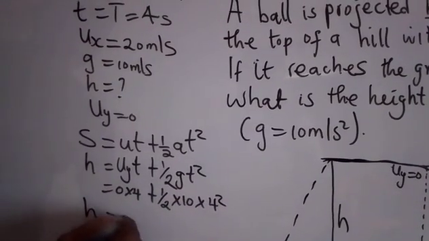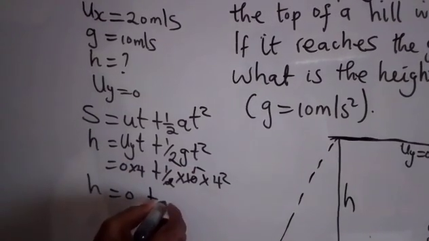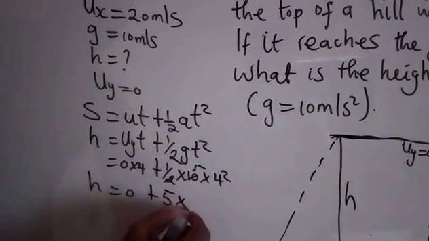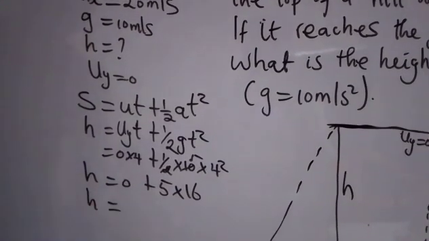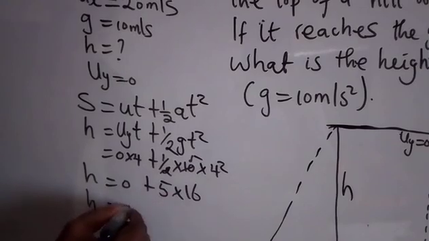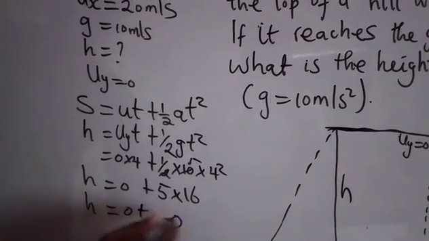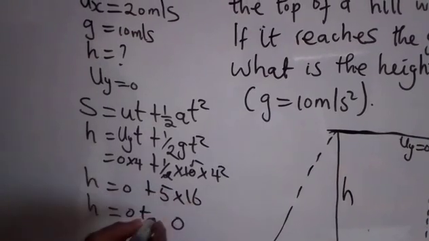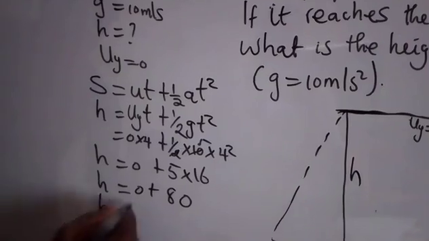So h equals 0 plus half of 10, which is 5, times 16. So h is equal to 0 plus 5 times 16, which is 80. So finally h is 0 plus 80, which is 80 meters.